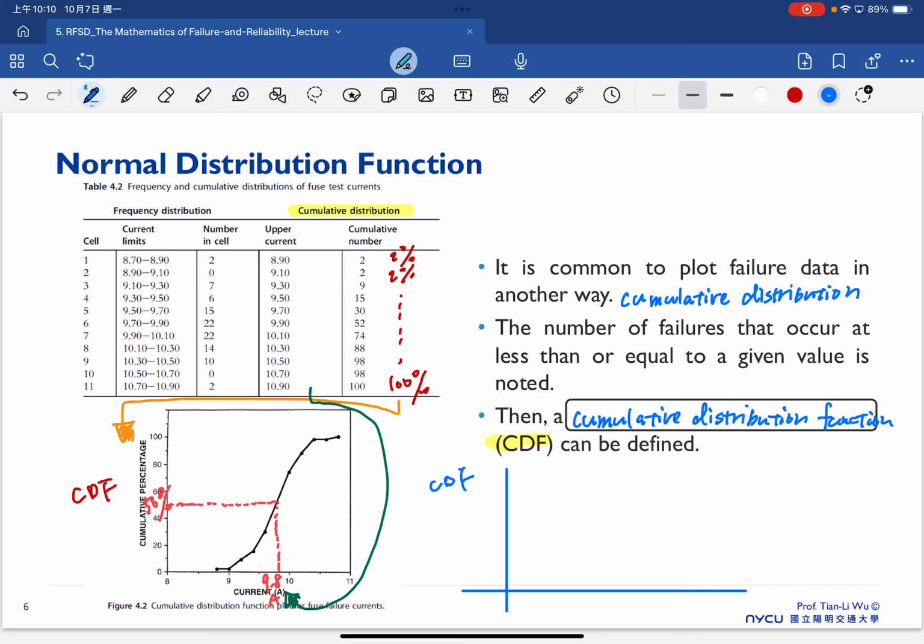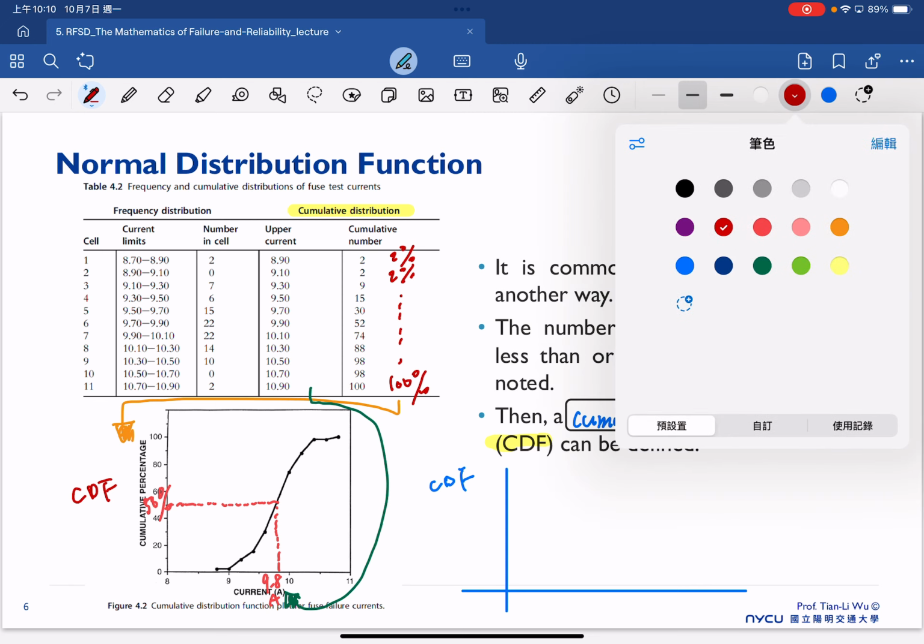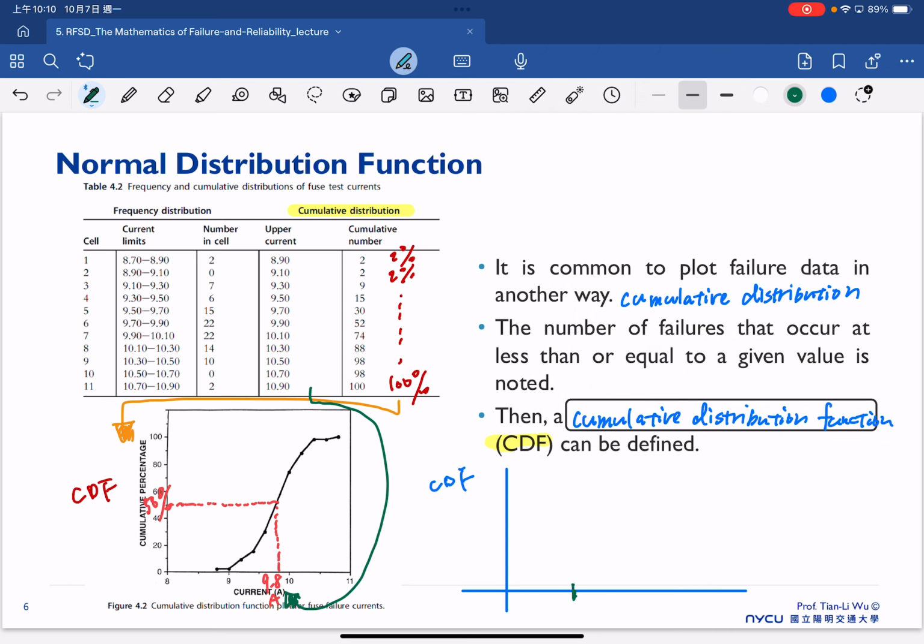in two cases, the first one is just like the example here. We have testing currents between 9, 10, 11. So the first distribution can be, we start to see the failure once the current is beyond 9 amp, then reach 11 amp, then 100% of our devices have failed.